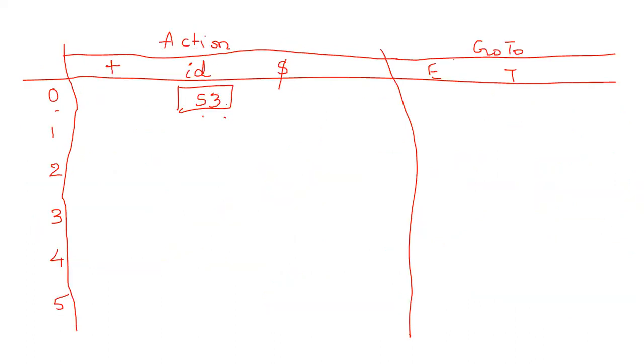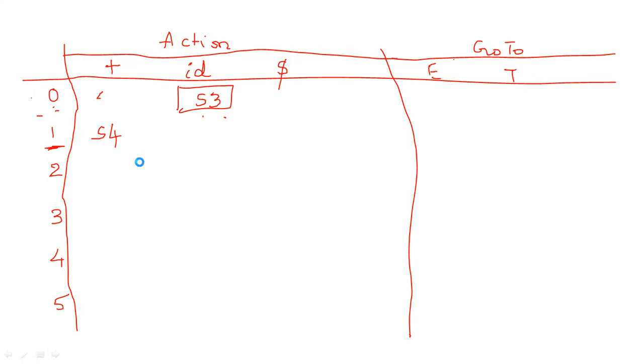So for 1, if I give plus as input, I am shifting to S4.